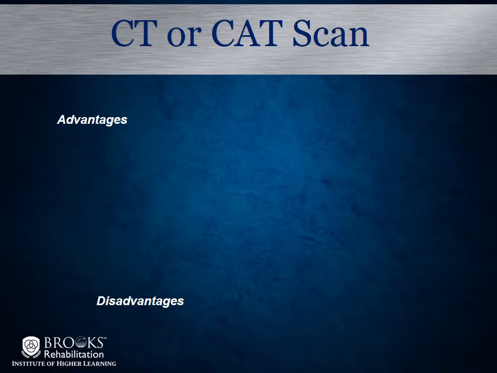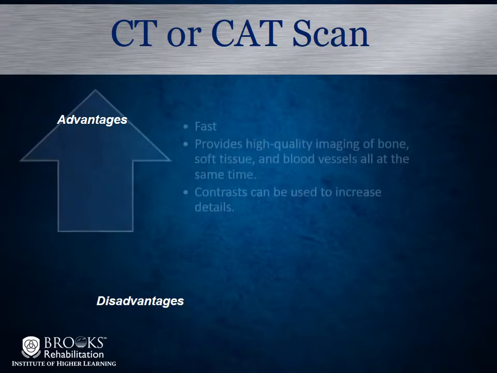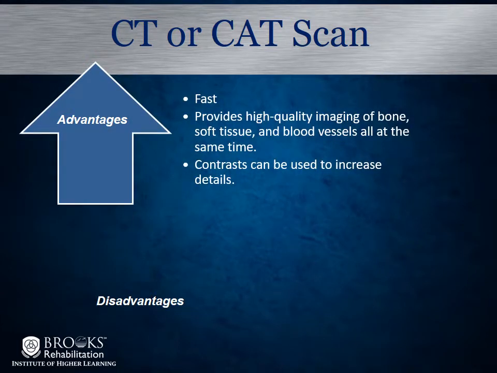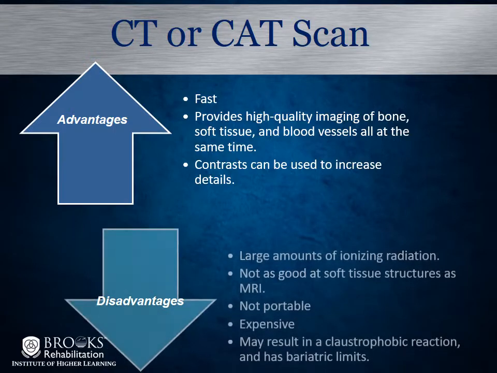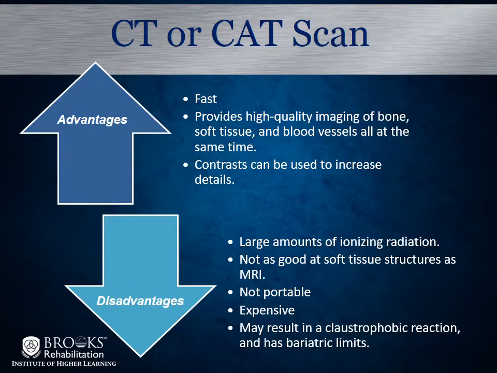So the CT is pretty fast. It doesn't take as long as the MR. It gives you really high quality views of bones, soft tissues, and blood vessels. Contrast can be used to give you a little more detail. It uses lots of ionizing radiation, so you really need to be respectful of that.